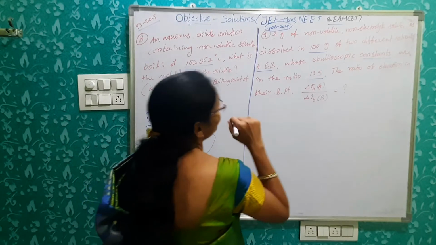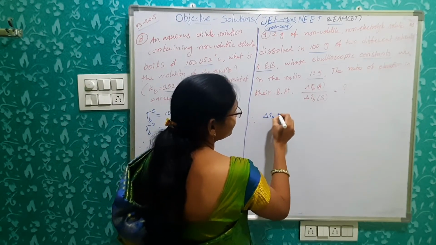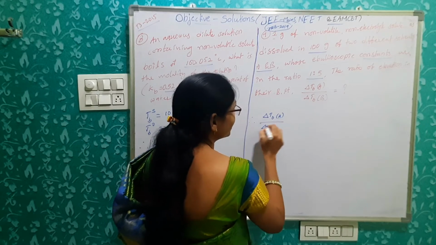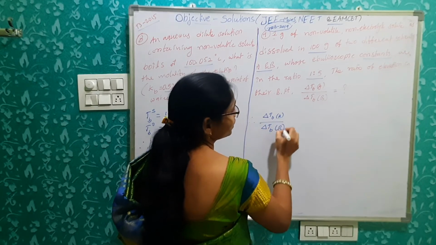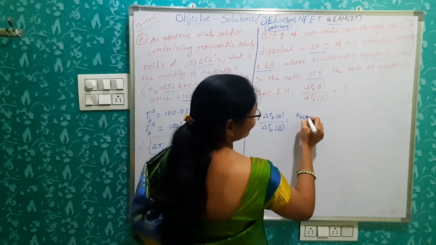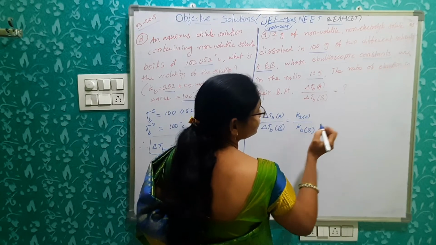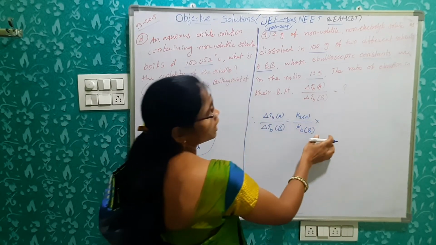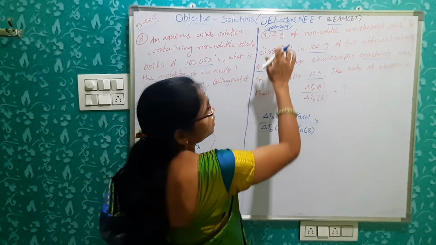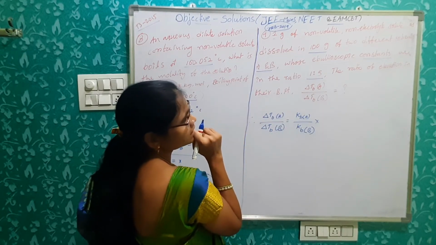Okay. Now, write down the formula. Ratio delta TBA by delta TBB is equal to Kb for A by Kb for B solvent, times molality. Molality is not given, but weight of solute and weight of solvents are given.